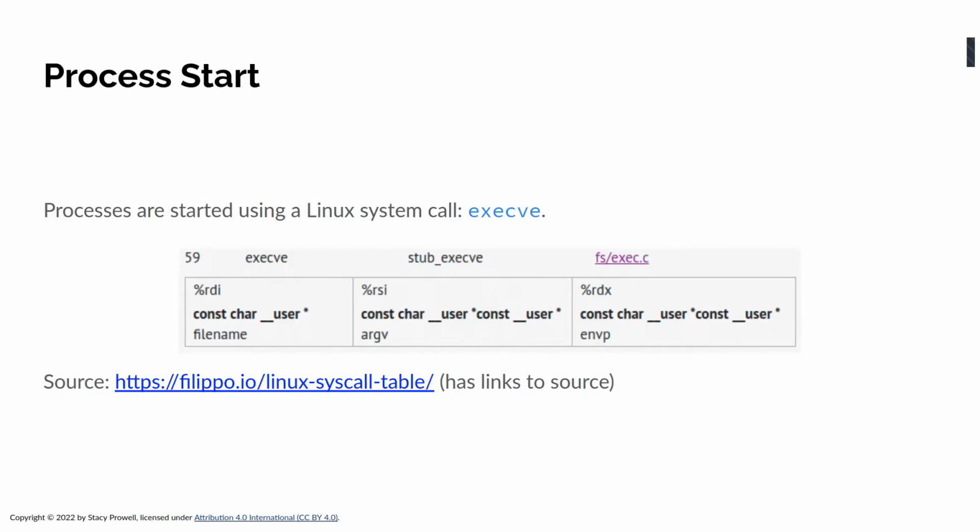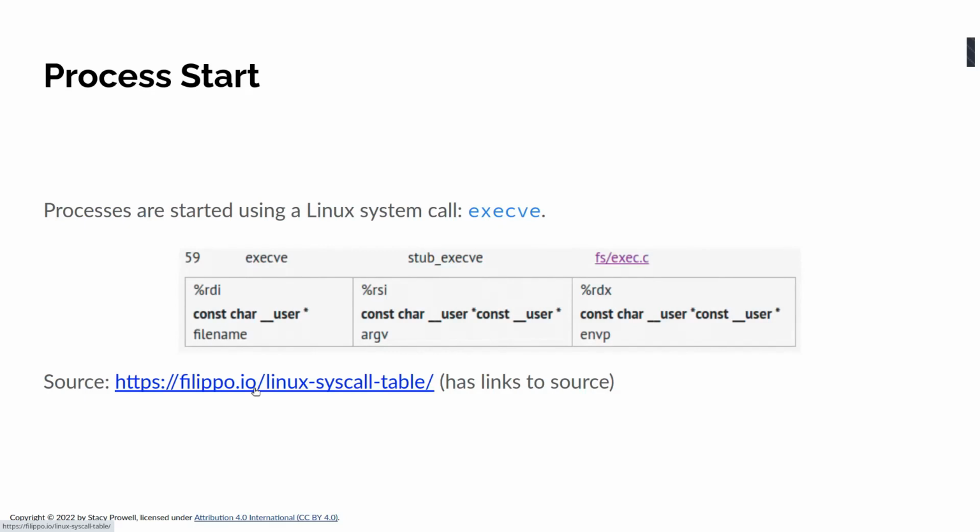So to start a process under Linux, you call execve. You may be familiar with exec and execv. Those ultimately call here. For example, if I call execv, it will in turn call execve just with my default environment. So execve is where this stuff gets started. There's a really nice resource down here, this little syscall table.